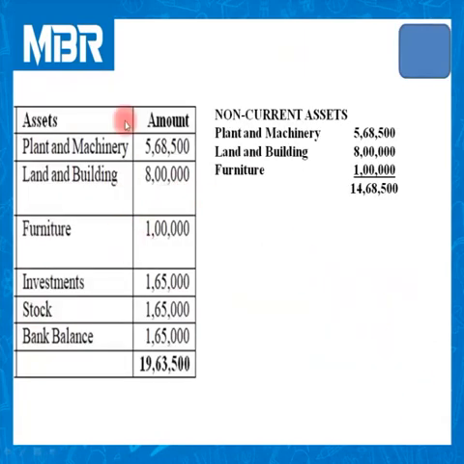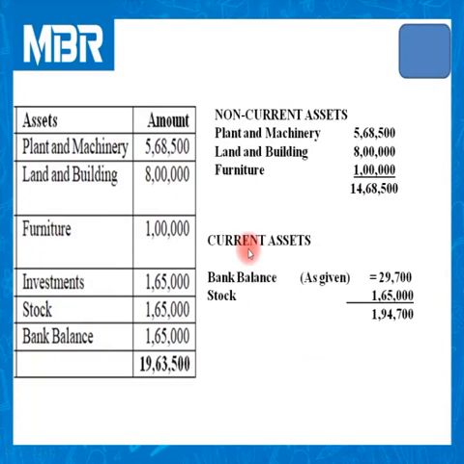Now, using the same balance sheet of the question, prepare the calculation of current assets. Under current assets, we have bank balance of rupees 29,700. In your question, information related to the closing bank balance that we need to maintain is given.